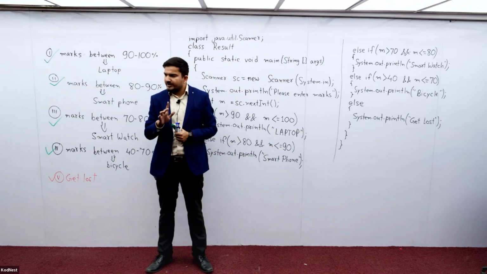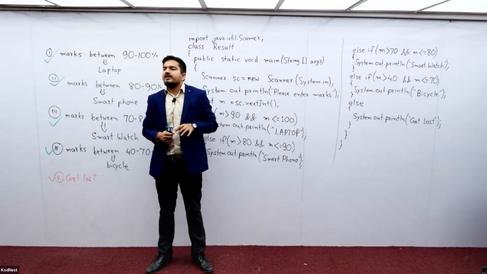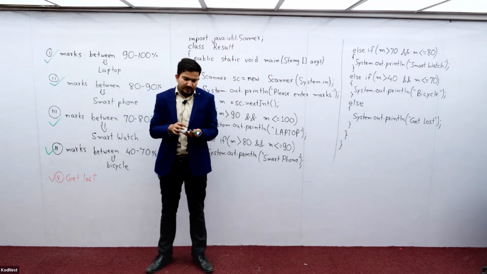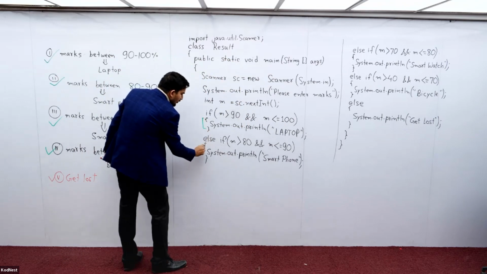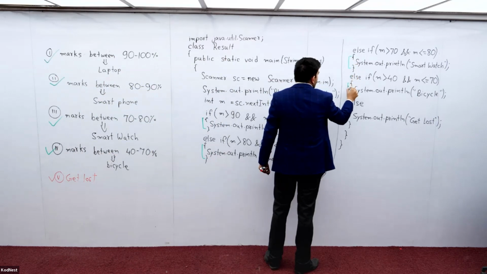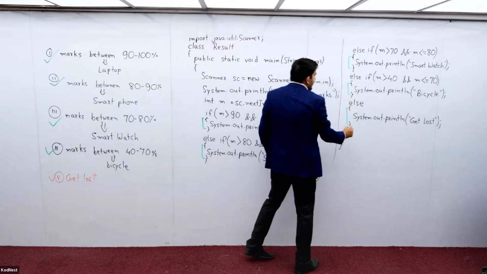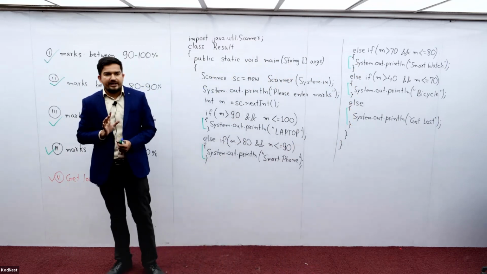One thing which we must know about else if is that only and only one of the blocks is going to get executed. Total, how many blocks are there if you see? We have one block, two blocks, three blocks, four blocks, and five blocks. Out of all the blocks, only and only one block is going to be executed.